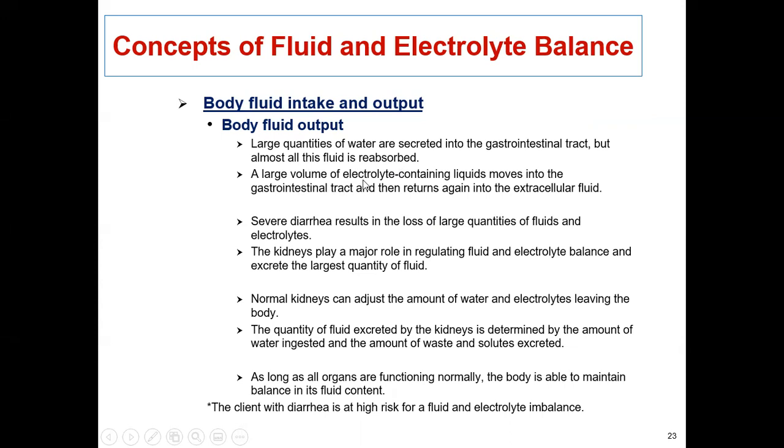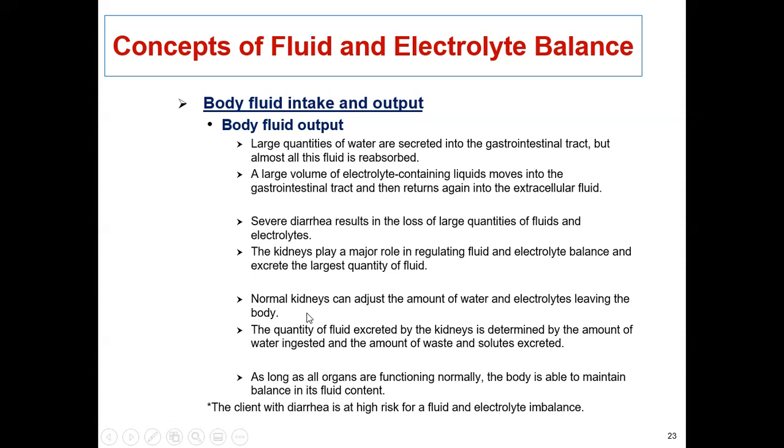A large volume of electrolyte-containing liquid moves into the gastrointestinal tract and then returns again into extracellular fluid. Severe diarrhea results in loss of a large quantity of fluid and electrolytes. The kidney plays a major role in regulating fluid and electrolyte balance.